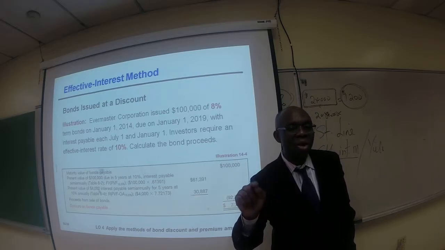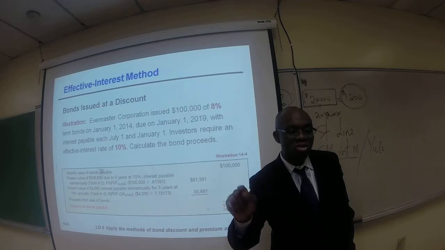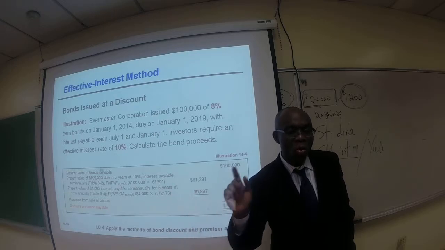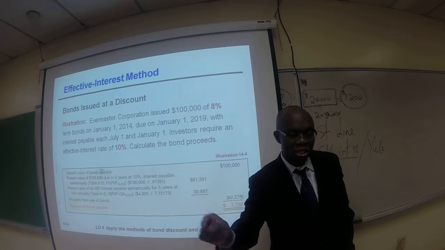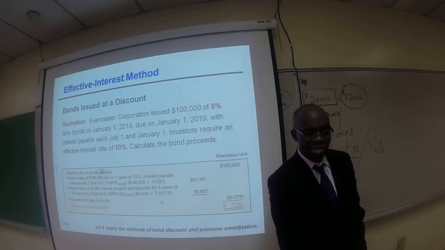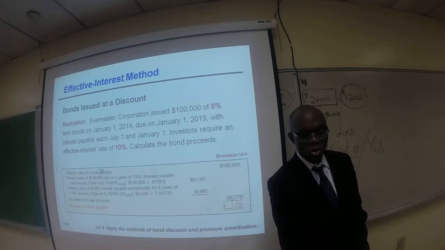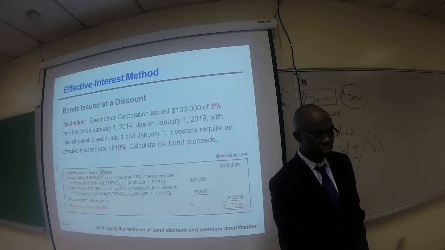However, when we are looking for the present value interest factor of annuity, because this is going to be $4,000 every 6 months for the next 10 periods, we have to use the effective interest rate in determining the present value interest factor of annuity. So in this case, it's 7.72173 multiplied by 4,000, that will give you 30,000. Add this and you come up with 92,000. So the bond is sold at 92,000 and the face value is 100,000. So we have a discount of 7,722.